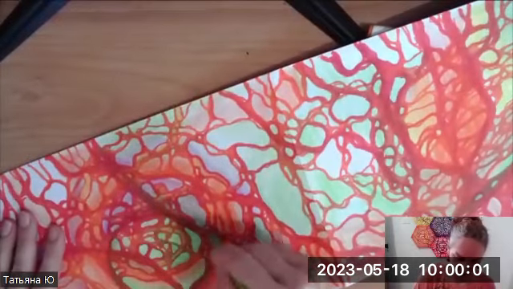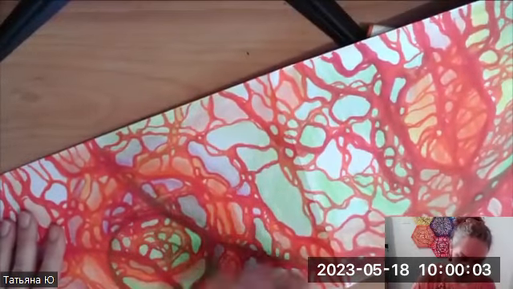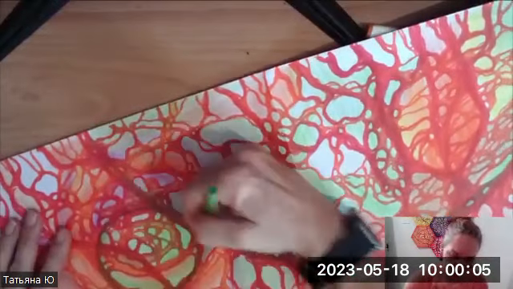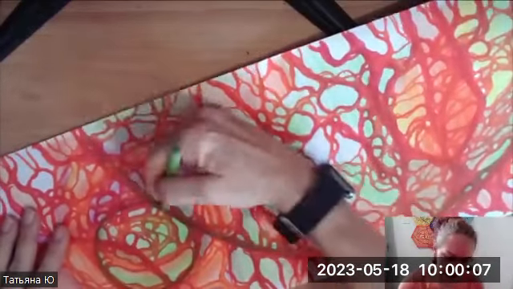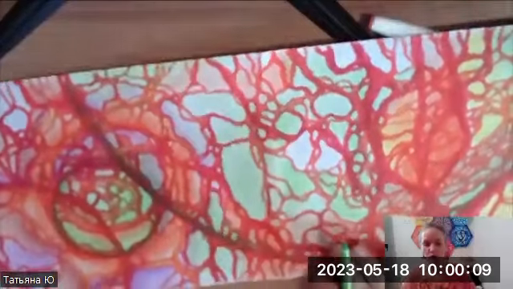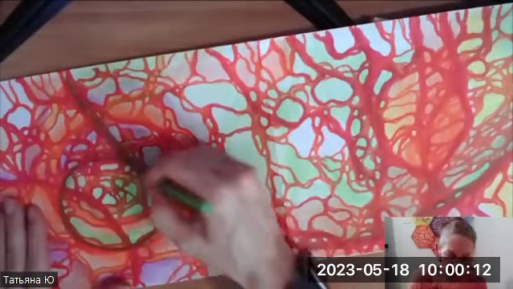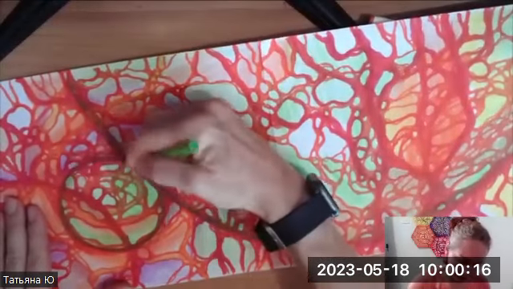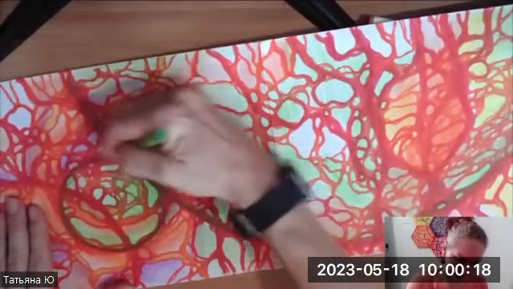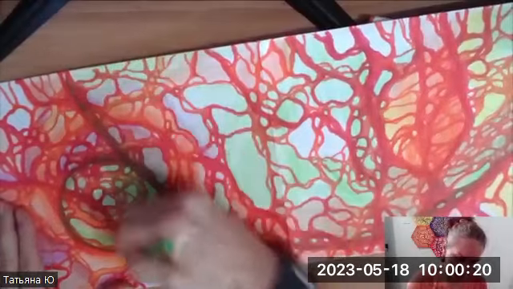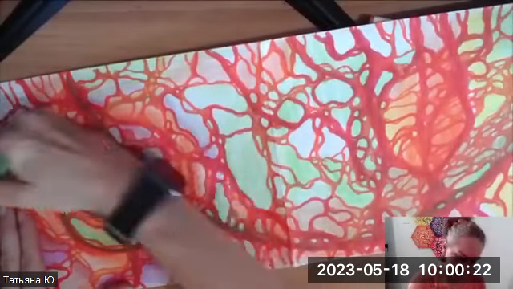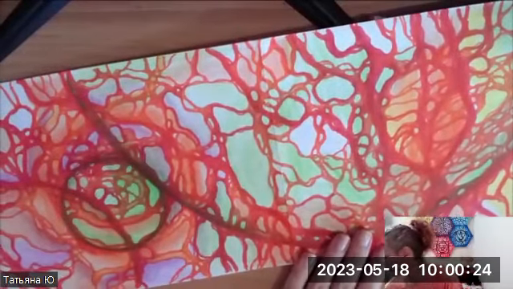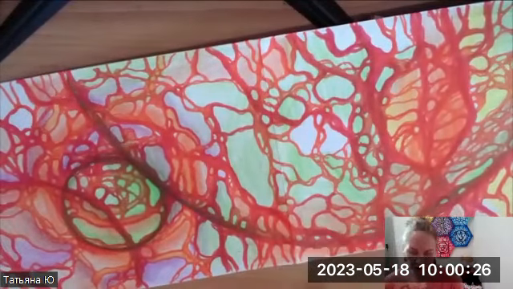Very exciting. Oh, so interesting, that big circle and the small circle, they connect to each other. Very interesting.